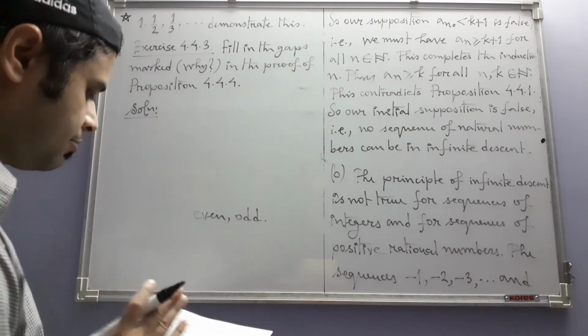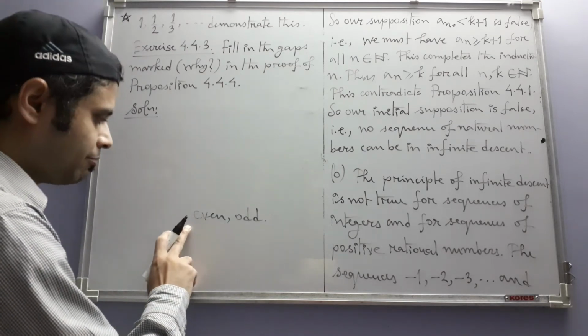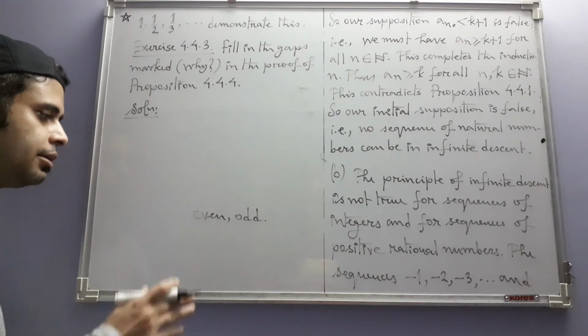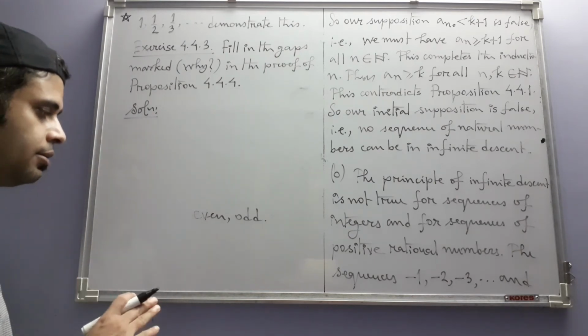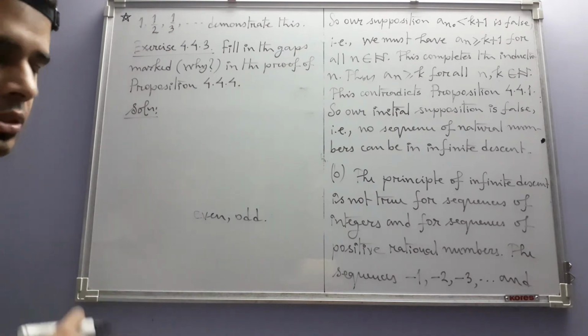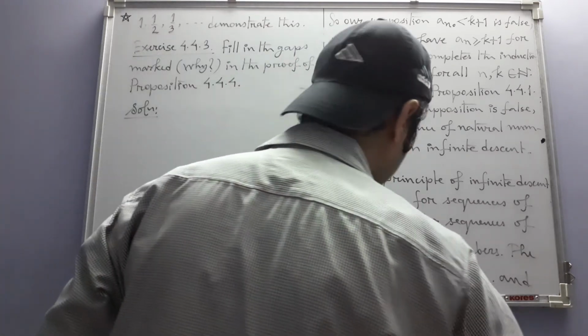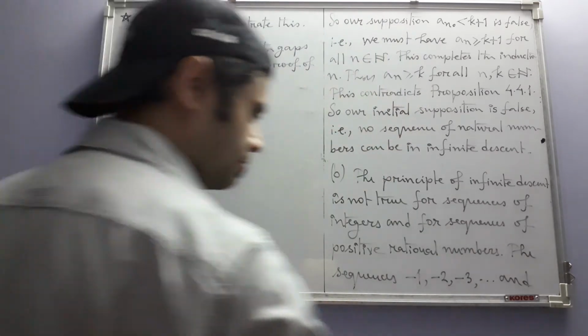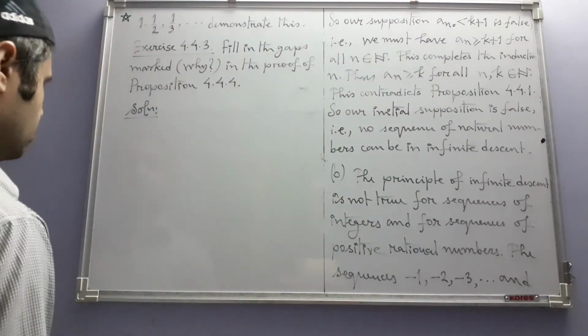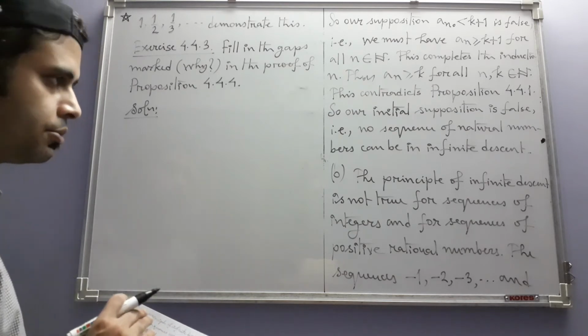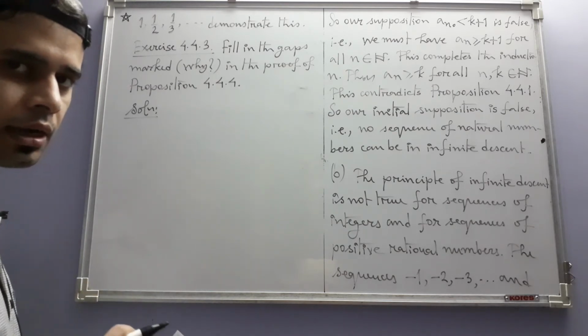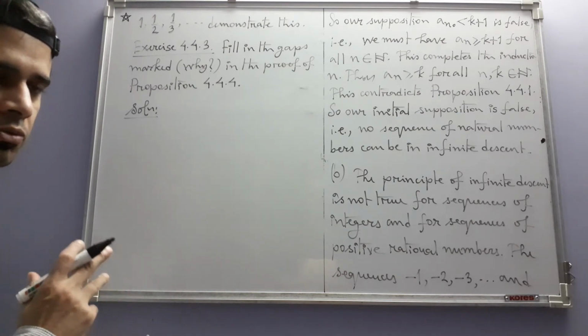Anyway, we now have to show that any integer is either even or odd and never both at the same time. So that was the first one. And here we are going to take the help of proposition 2.3.9, that is the division algorithm available in the system of natural numbers.